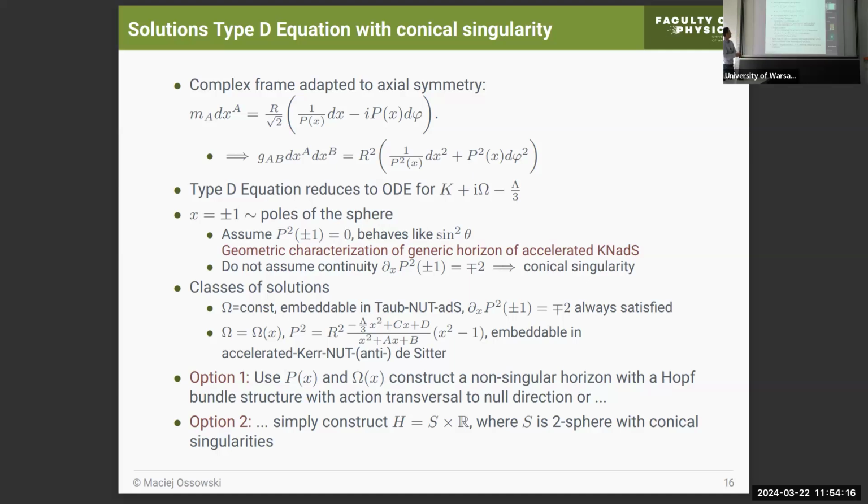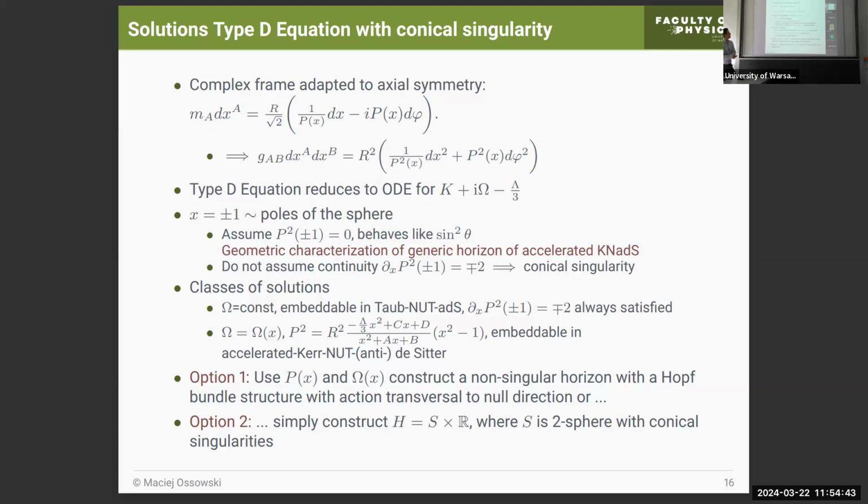And in the axially symmetric case, the type D equation is maybe simpler because it reduces to just ordinary differential equations for these scalar invariants. One thing that has to be specified, because we work in coordinates which are in principle not defined at the poles, is we have to say what actually happens there.